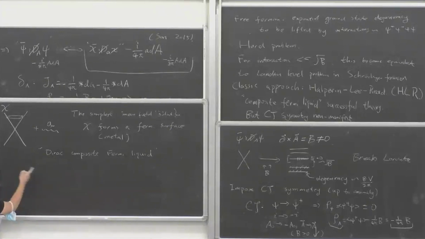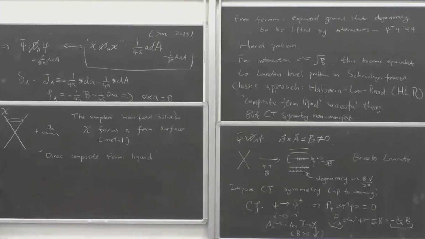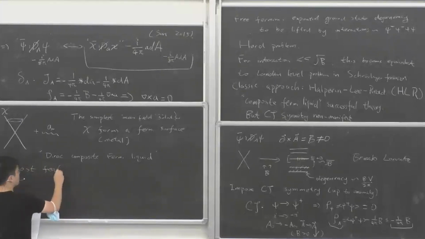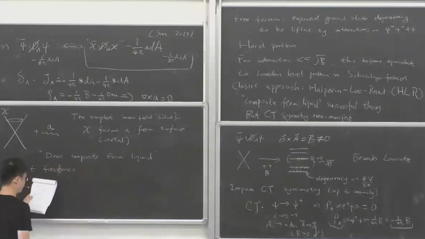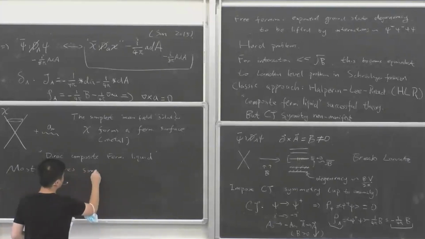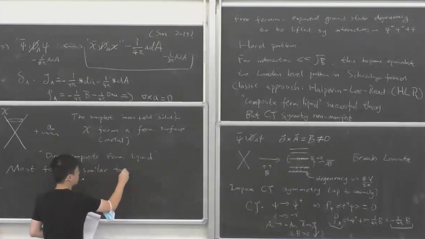And in fact, this theory is very similar to the original HLR composite Fermi liquid theory formulated in the early 90s. If you're familiar with that theory, for most features, you don't actually see the difference. So most features of this theory are similar to the good old HLR.